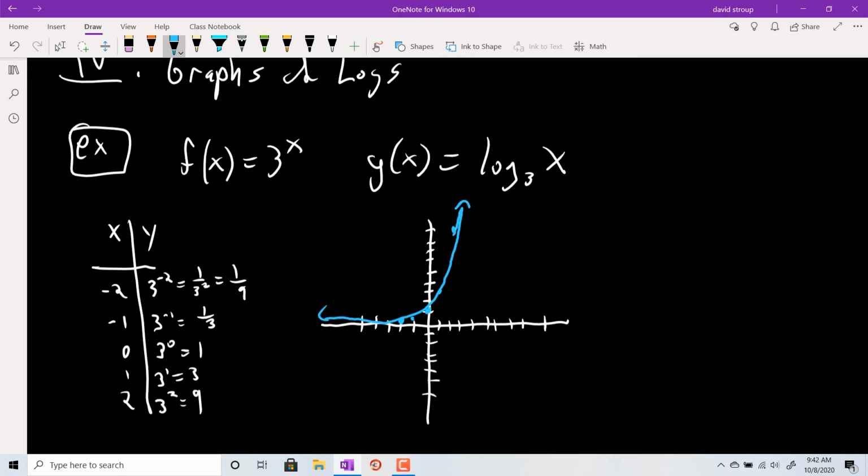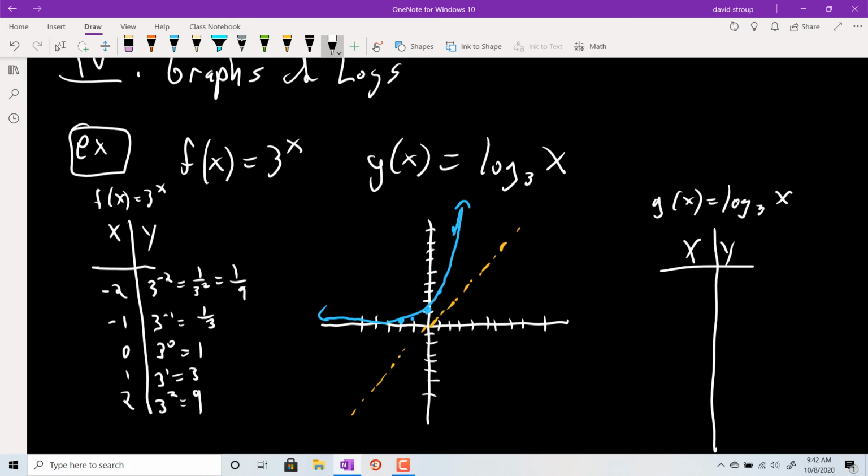Okay. And then I need to rotate that around the line y equals x to get the inverse. So you could literally rotate it, or you could just swap the x and y coordinates from the other table. If this is f of x equals 3 to the x, then the table for g of x, which is equal to log base 3 of x, is just going to be the same table, but with the x and y coordinates reversed.